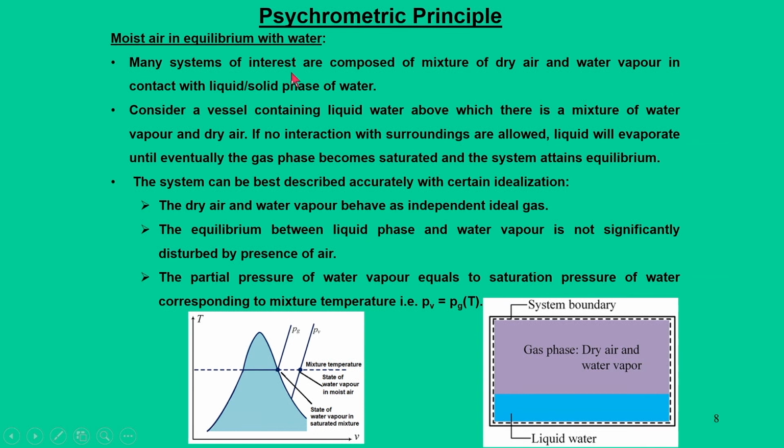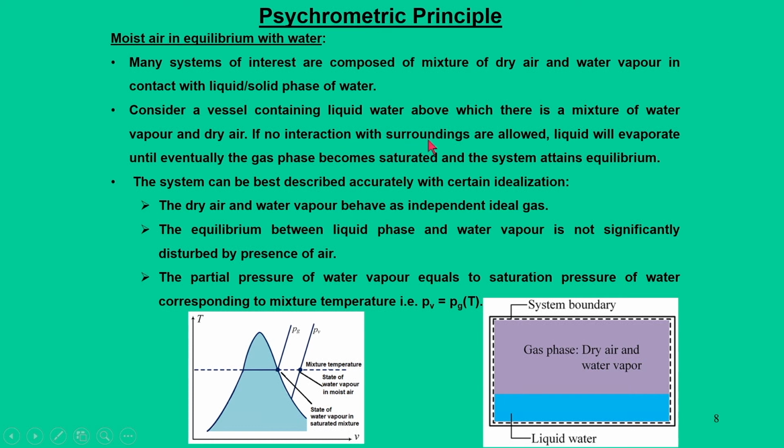There are many systems of interest in which the mixture is in contact with the liquid phase or solid phase of water, in some cases with ice also. We can take a system with a vessel containing liquid water, above which there is a mixture of water vapor and dry air.